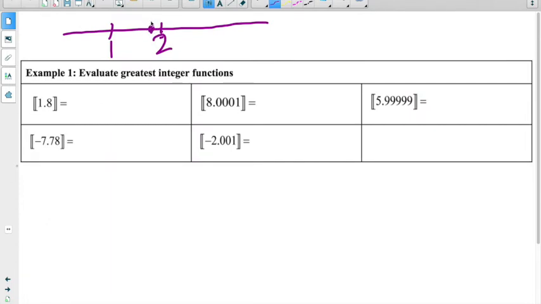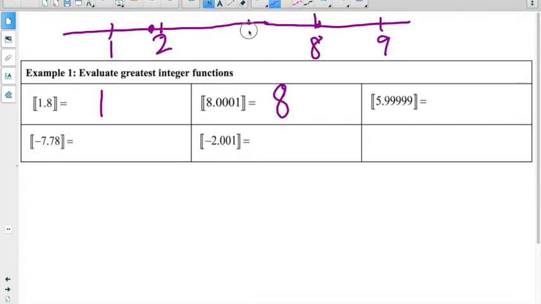The greatest integer function is going to spit out 1 for us because it is the integer that 1.8 is closest to that's less than or equal to it. With 8.0001, it is just barely above 8. Because 8 is less than or equal to it, 8 is what the function would spit out for us.